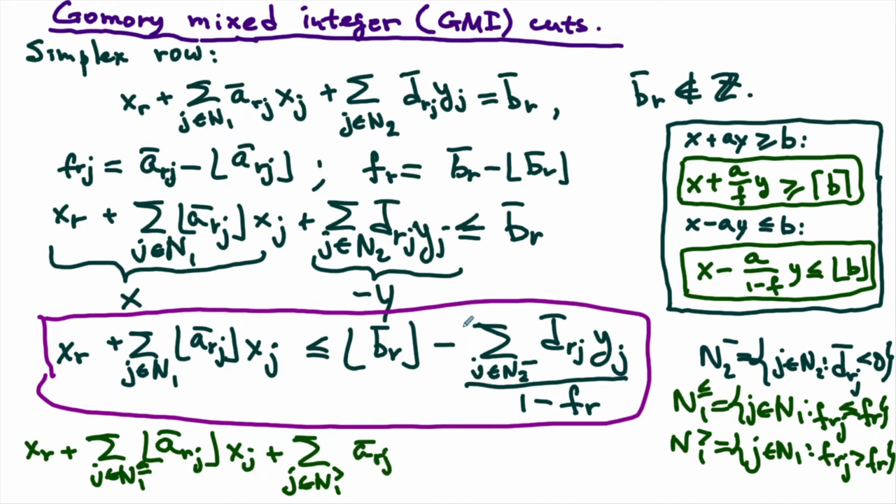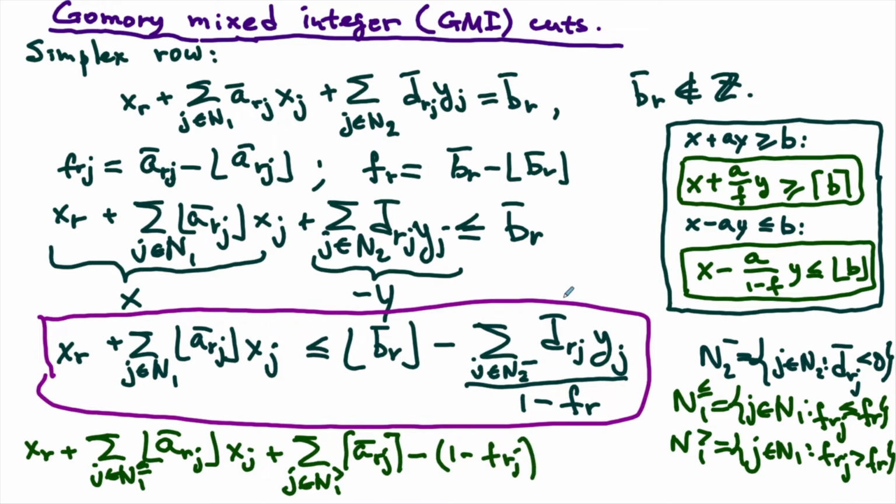But what we're going to do, we will represent arj bars as the difference of the ceiling of arj bar and 1 minus the fractional part for arj bar, 1 minus frj.